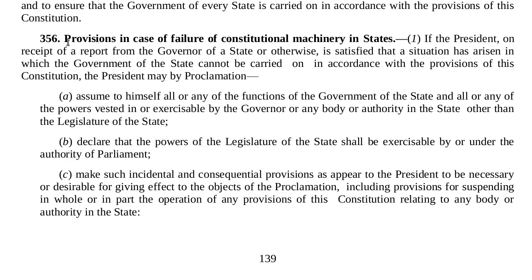Article 356. Provisions in case of failure of constitutional machinery in states. 1.